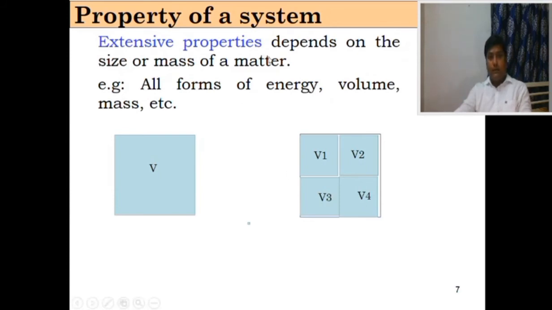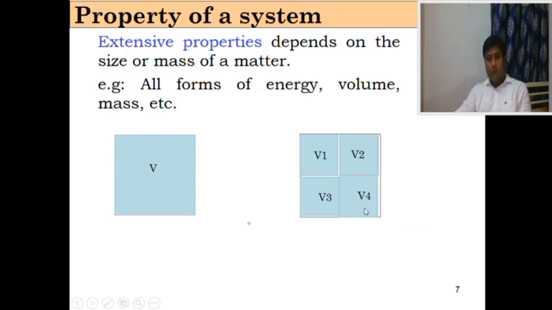Now we will see what an extensive property is. Extensive properties are those that depend upon the size or mass of a matter. Here I have taken the example of volume. Suppose this block has a volume V, and if I divide this block into different parts, I have taken 4 blocks.